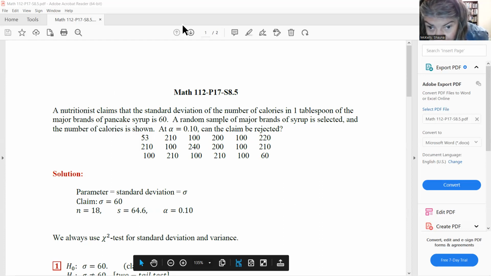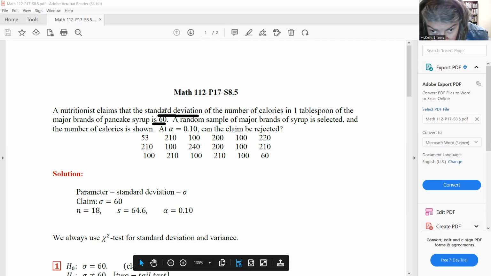Notice we have some important wording here. We have standard deviation. Remember, we have 2 standard deviations, so we have to specify which one this is eventually. It is 60, okay?